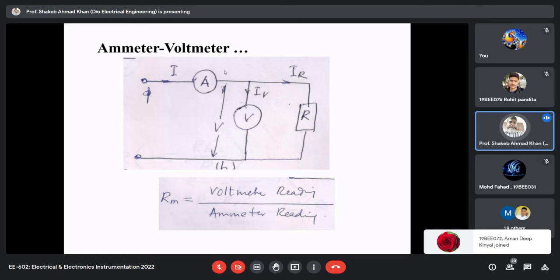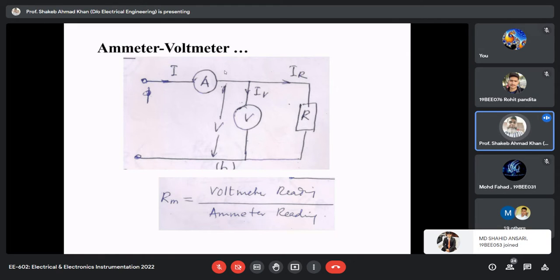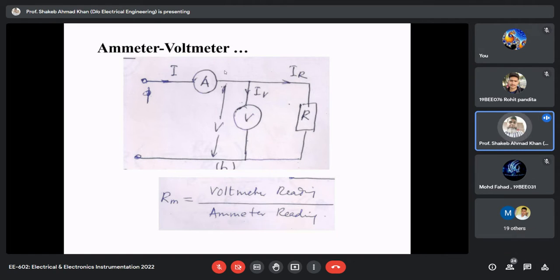Here one requirement is satisfied, since the voltmeter gives the voltage across the unknown resistance, but the ammeter is not able to give the current through the resistance. The ammeter reading includes the current through the unknown resistance as well as the current through the voltmeter, and this leads to the error.